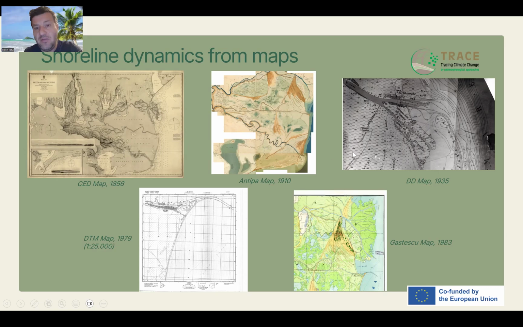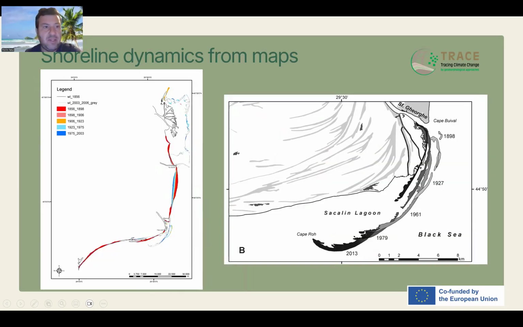And you see different maps that were done afterwards at the beginning of the 20th century and at the end of the 20th century. What we have done here at University of Bucharest with this map, so we georeferenced them, we digitized, we extracted the shoreline, and here you can see two different products with shoreline dynamics in between two sets of maps.